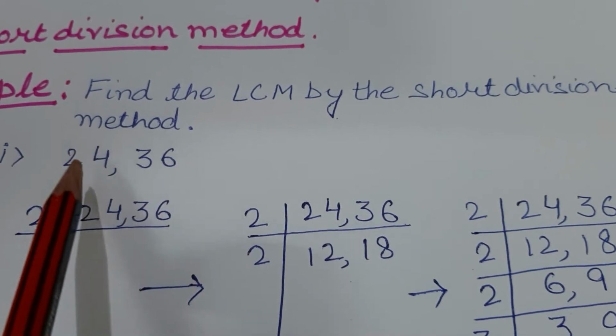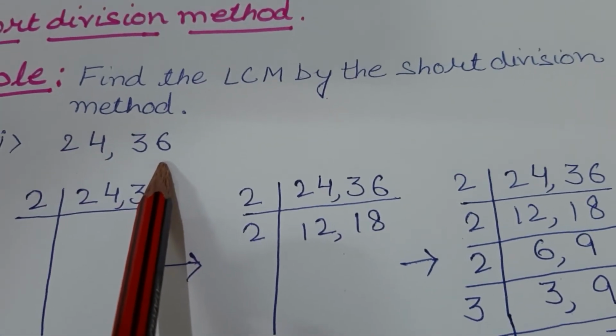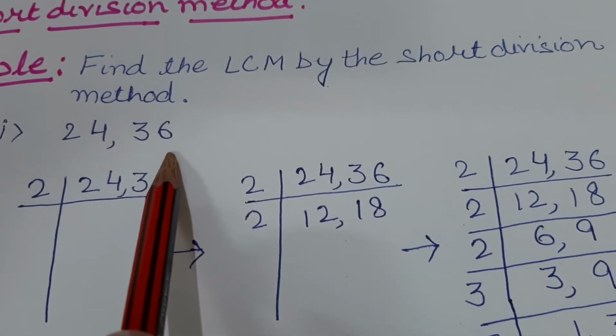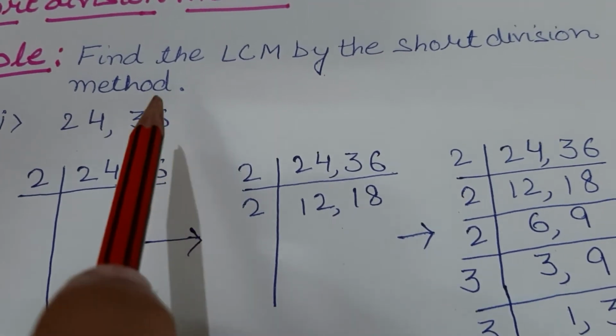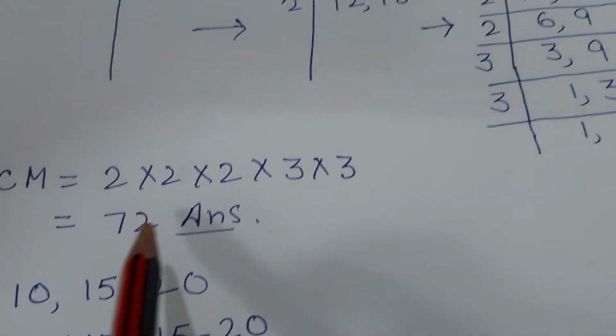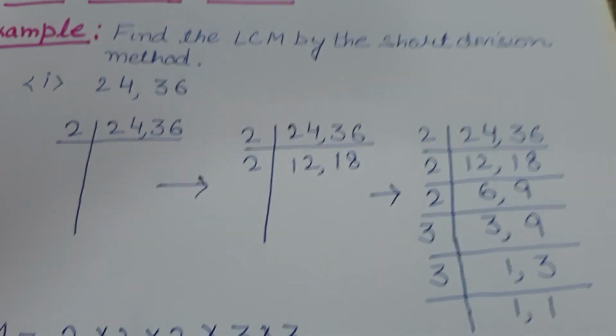It means if we write the tables of 24 and 36, the very first common multiple between these two will be 72. I am not saying the very first multiple. You can try it by writing their tables in rough work.